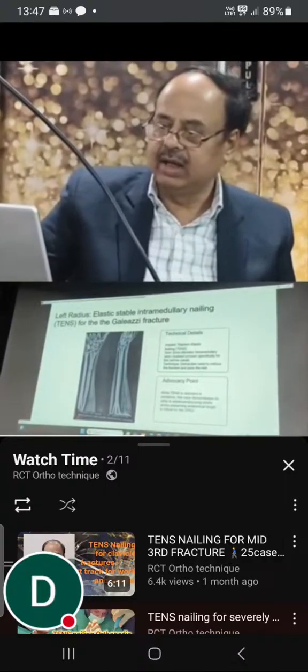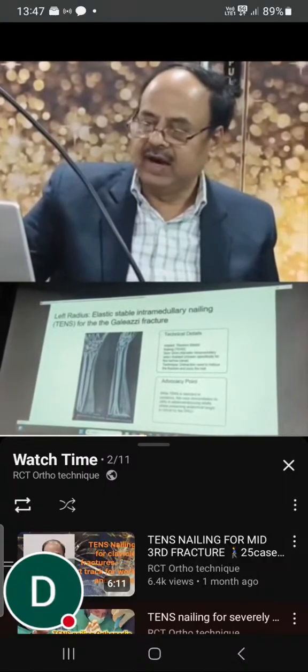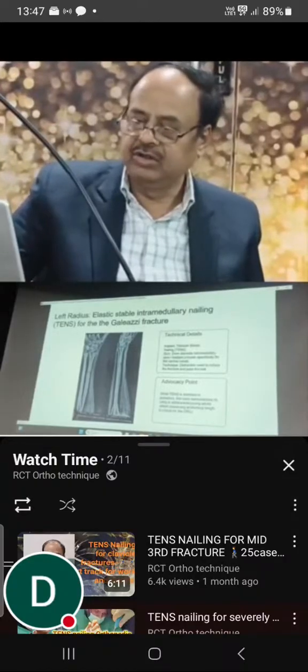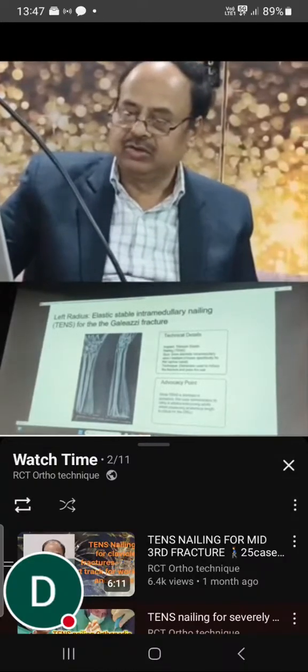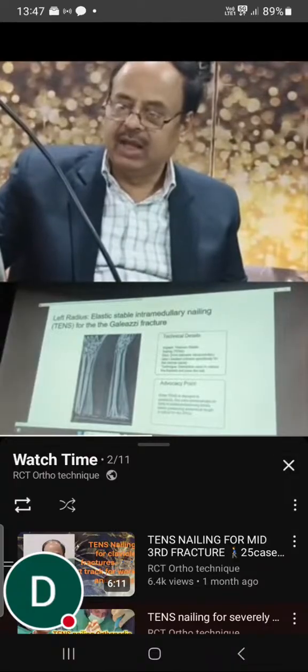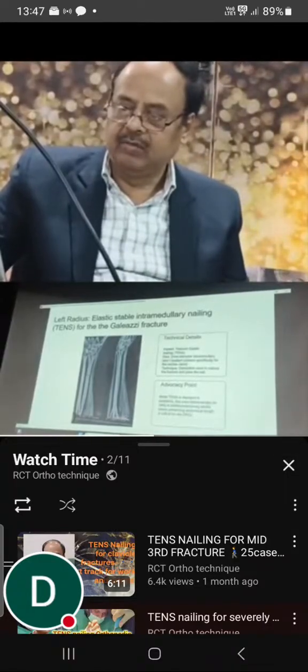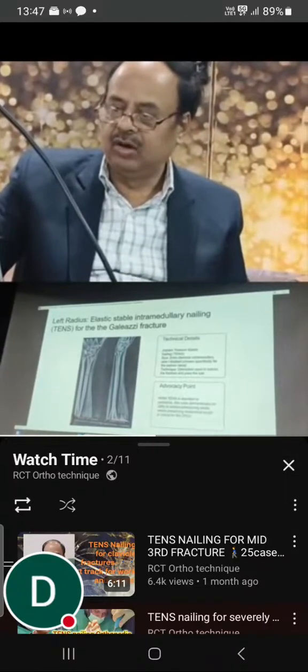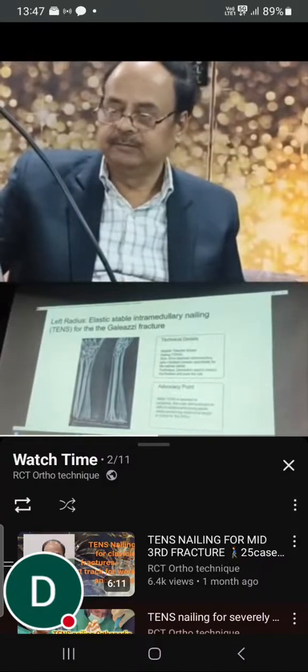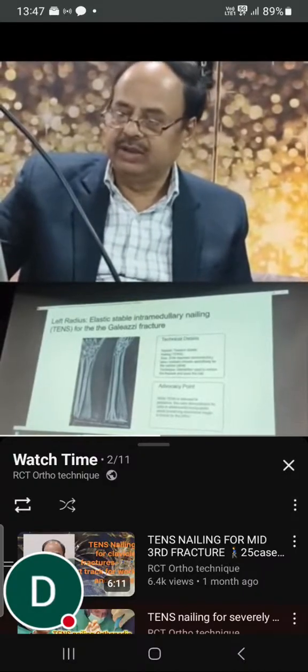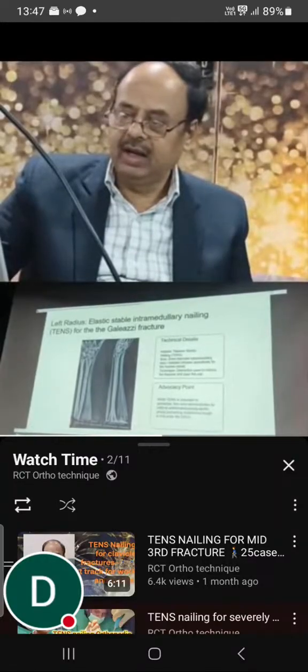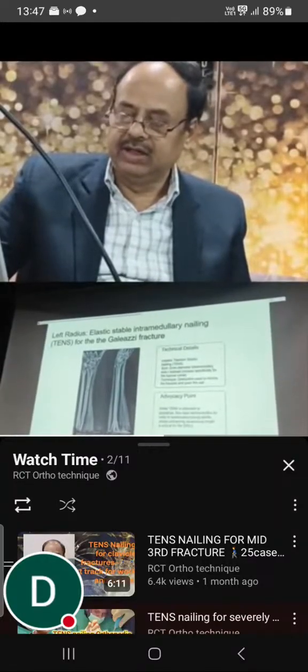In this case also, a 2 millimeter TENS nail was used. Usually you use a 2.5 millimeter TENS nail, but we used a 2 millimeter TENS nail. Still there is distraction at the fracture site. So this was the problem due to the narrow canal.